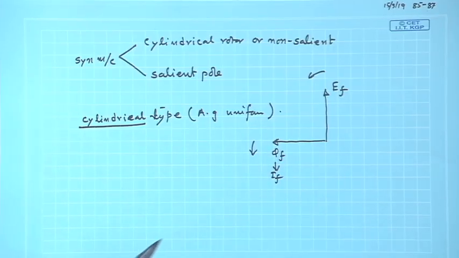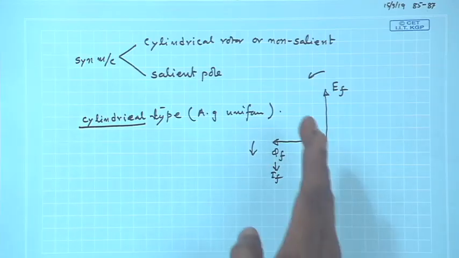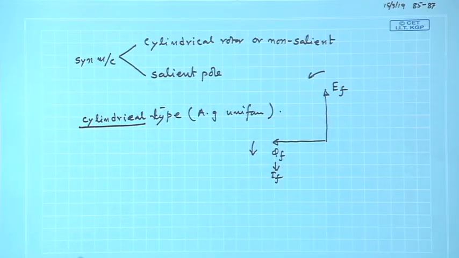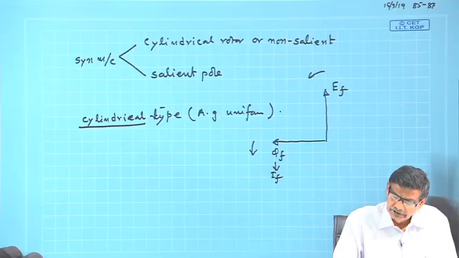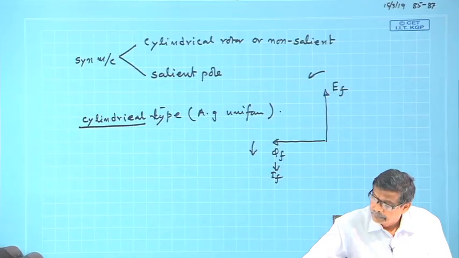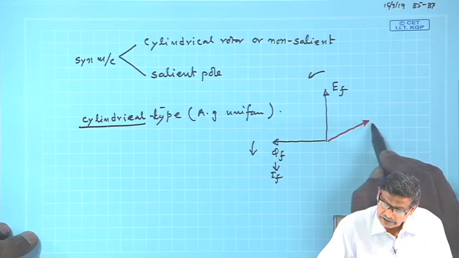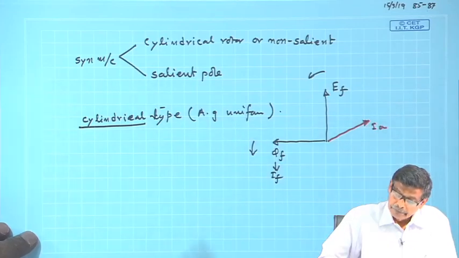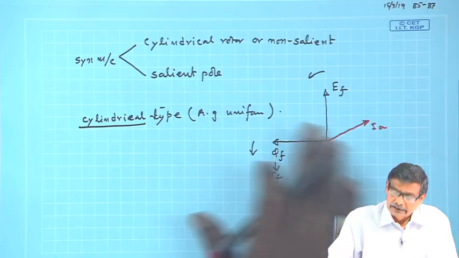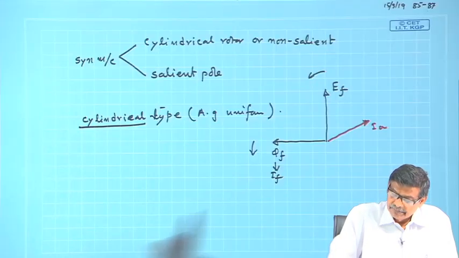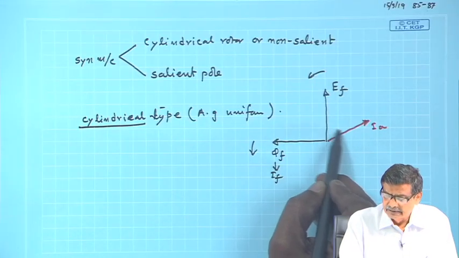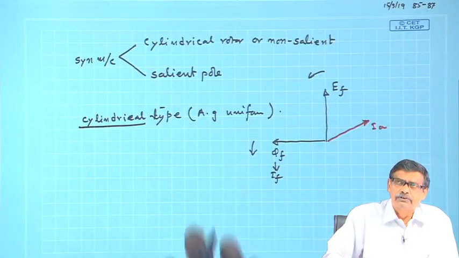But when this synchronous machine is loaded, suppose it is a lagging power factor load, then I a will be here, the armature current, lagging power factor. This angle is called the internal power factor angle, usually denoted by psi.